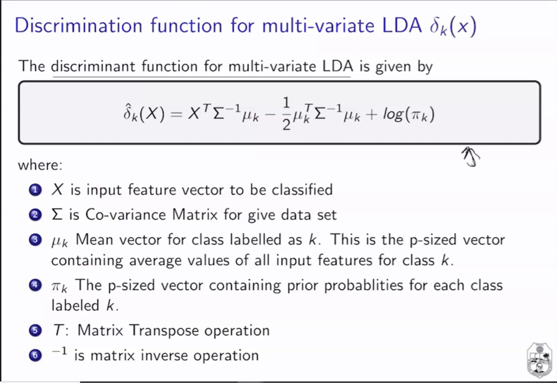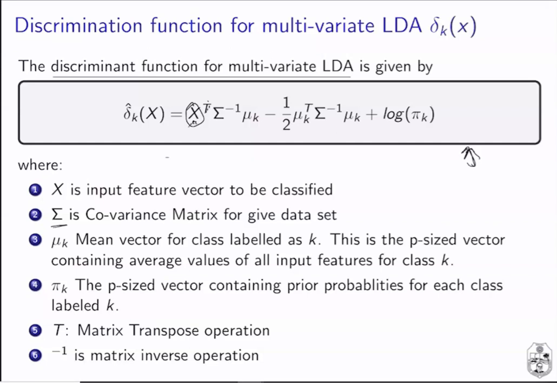This is the discriminating function for the multivariate linear discriminant analysis. Here x means the input vector, or the input feature vector to be classified. T means the transpose of the matrix operation, so x transpose means take the transpose of the input vector.